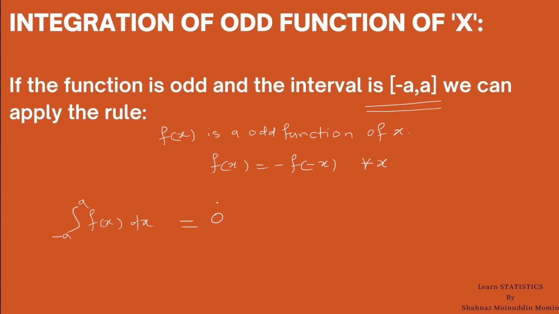In the case of an odd function, the integration over the interval minus a to a of f(x) is always 0. Here we have no need to calculate the integration. We can use 0 as a direct value since it is an odd function.